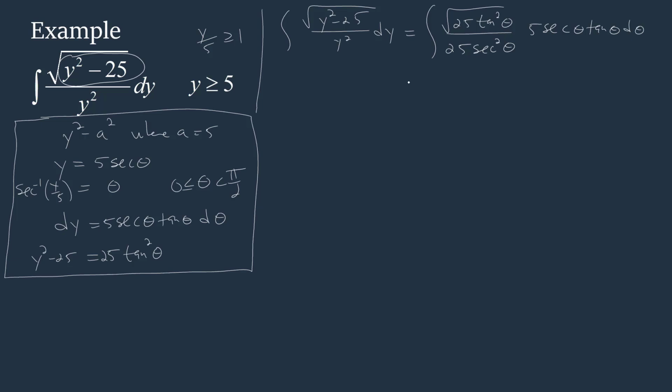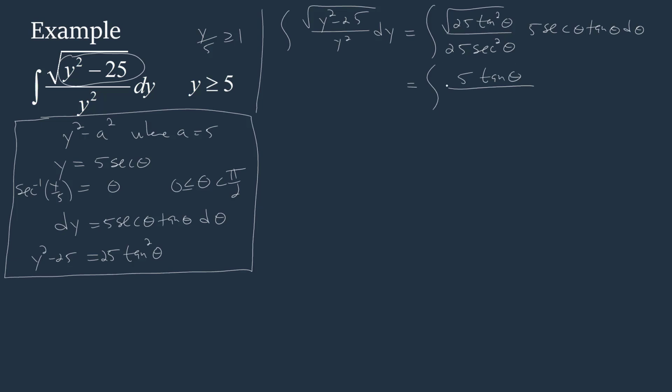Now that would equal, in the numerator I'd get 5 times, now that should be the absolute value of tangent, because the square root of a square doesn't cancel. You get the absolute value of the expression. But because of the angle range, that's the first quadrant, and in the first quadrant tangent is positive anyway. So I do not need the absolute value around the tangent of theta.